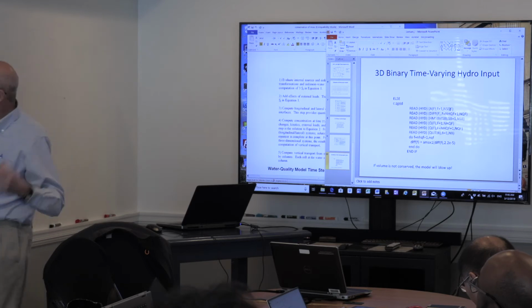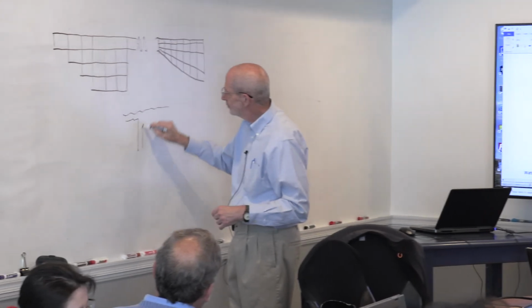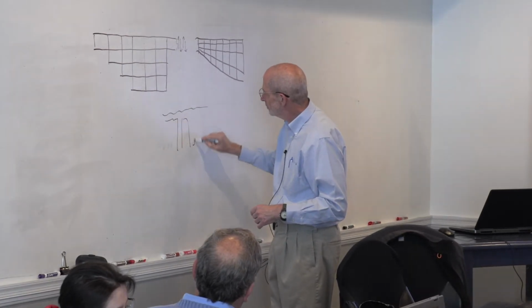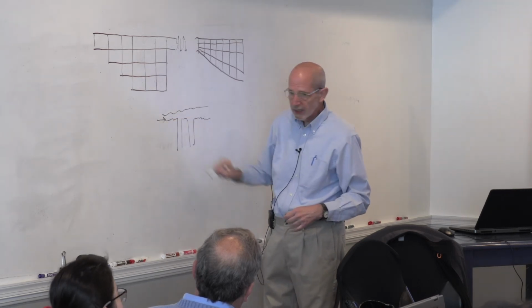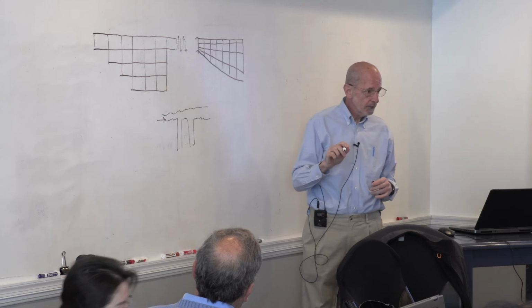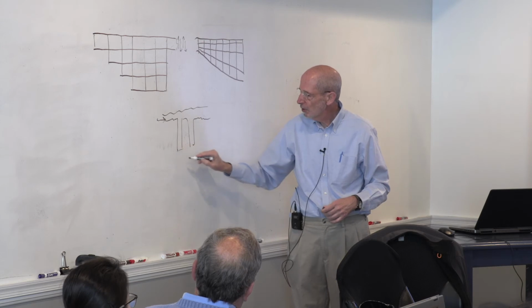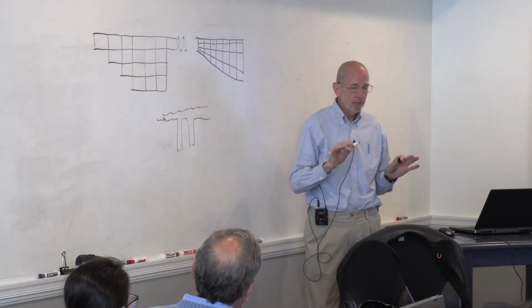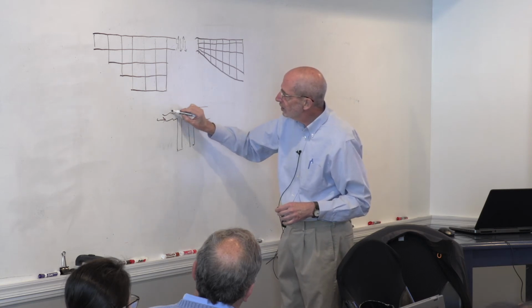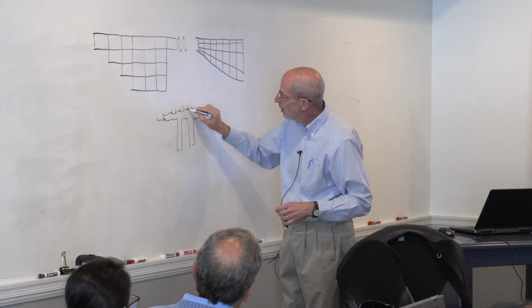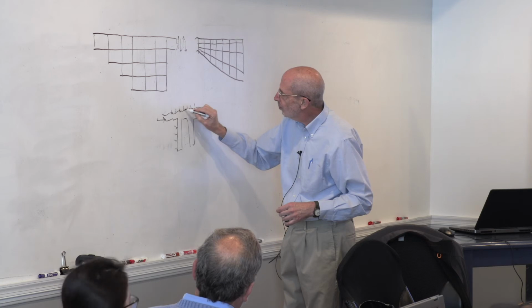So let me draw another drawing. This is a very abstract Chesapeake Bay. Up here at the Susquehanna River, that's an open boundary, and we specify the boundary condition flowing in. The Potomac River, that's an open boundary. We specify the boundary conditions flowing in. But you've also got all these tiny little flows along the whole boundary of the system.